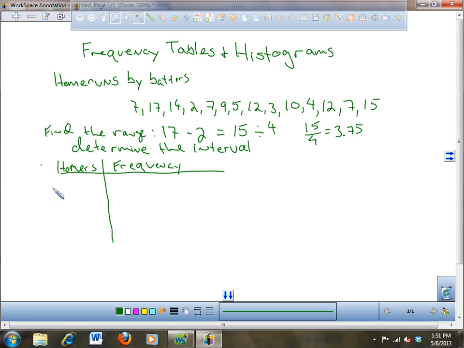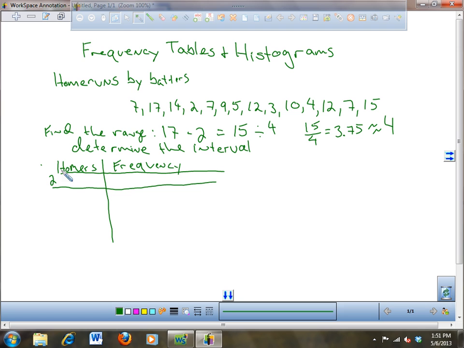I don't start at 0, I start with the lowest number, and I decided that each interval is going to be 4 wide. So if I start at 2, where am I going to end?